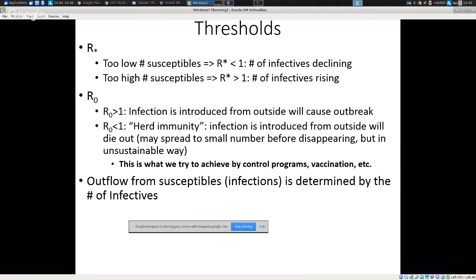R0, the intuitive meaning of it, is the number of people that I would infect as an infective if I come into this population and everyone around me is susceptible. How many people do I infect? For measles, it's about 16. If you come into a population and everyone around you is susceptible to measles, you'll infect about 16 people in many social contexts.